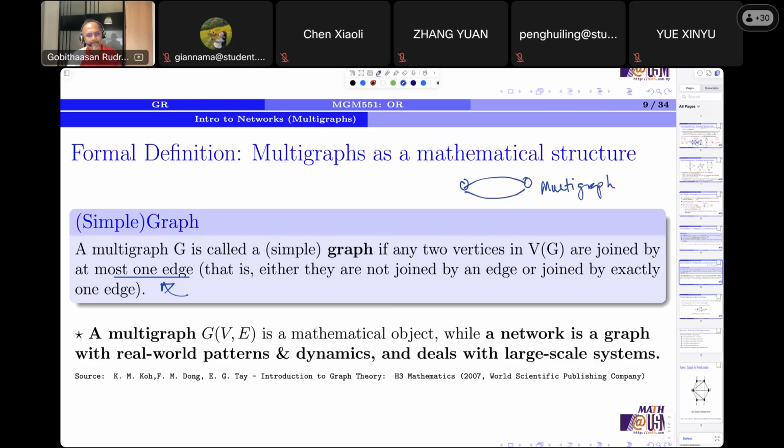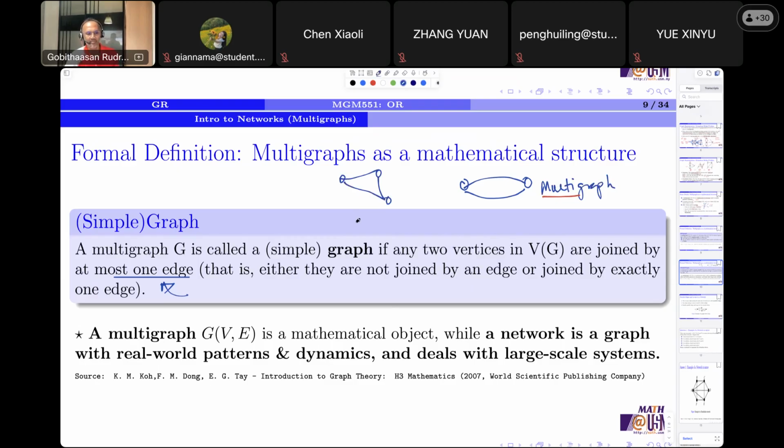The word multi simply means multiple edges. So for example, take another graph, let's say like that. This is just a graph because each pair of vertices is joined by exactly one edge.